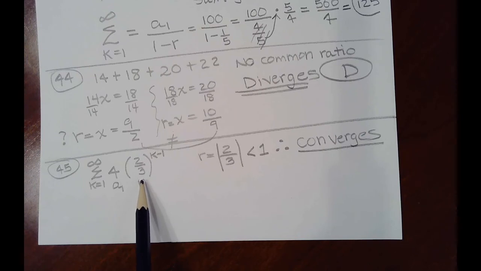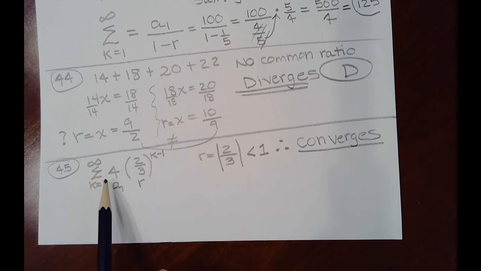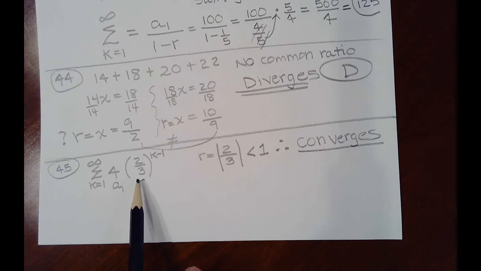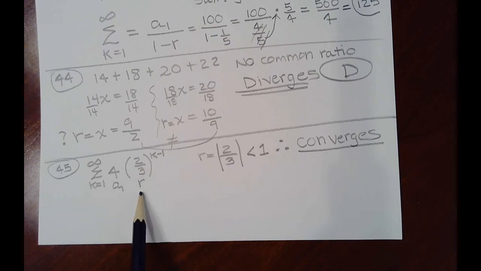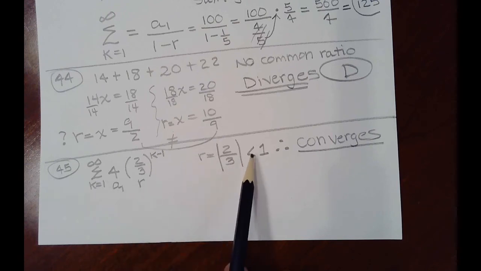And I know this is geometric because the formula that we used to create all our geometric formulas was a sub 1 times the common ratio r, always raised up to a power of k minus 1, which makes it easy to identify the first term, the r value, and so forth. So I took this r value. It does pass the test of being less than 1. Therefore, I know it converges, and therefore I have permission. That means that the summation does exist for this infinite series.